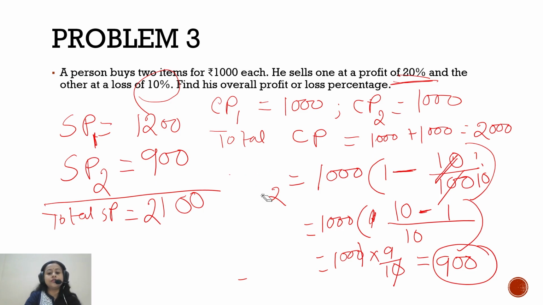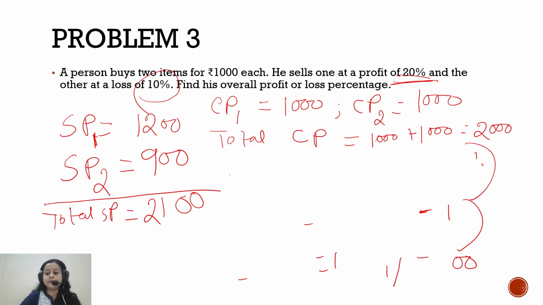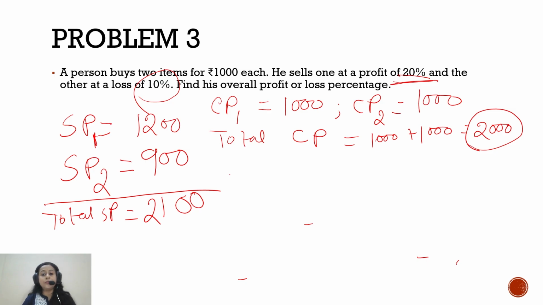2100. So our total cost price for both the items was 2000, and total selling price for both the items was 2100. So obviously selling price is higher, so obviously he has earned a profit. The difference between these two will give us the actual profit amount, the absolute profit amount.